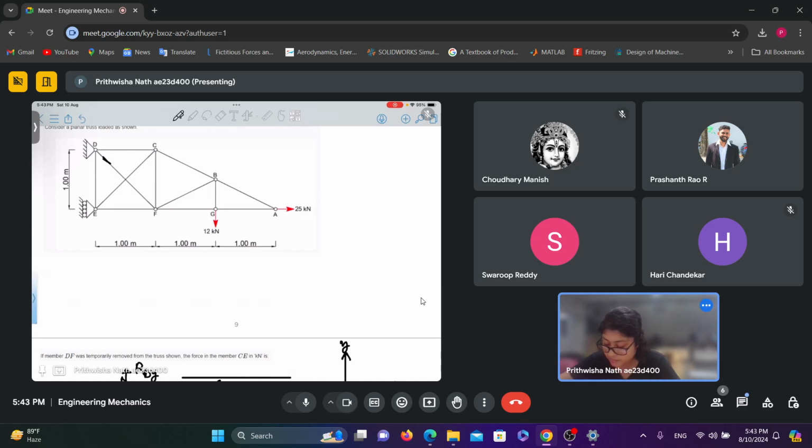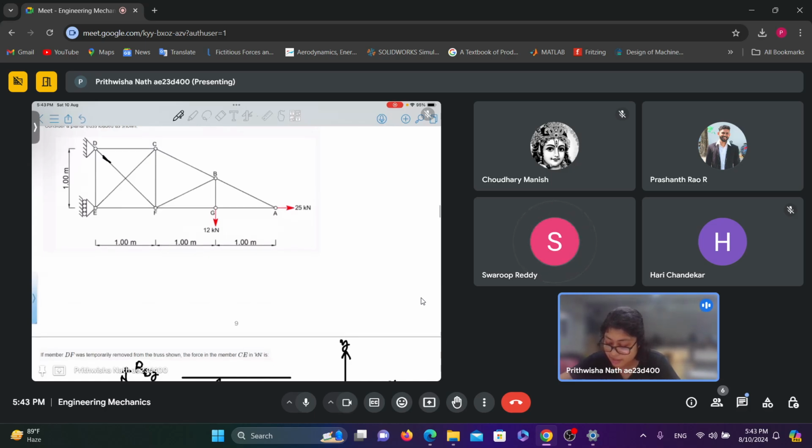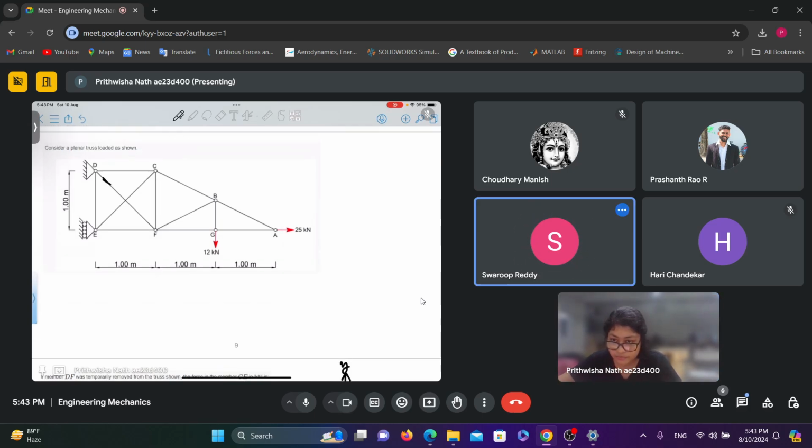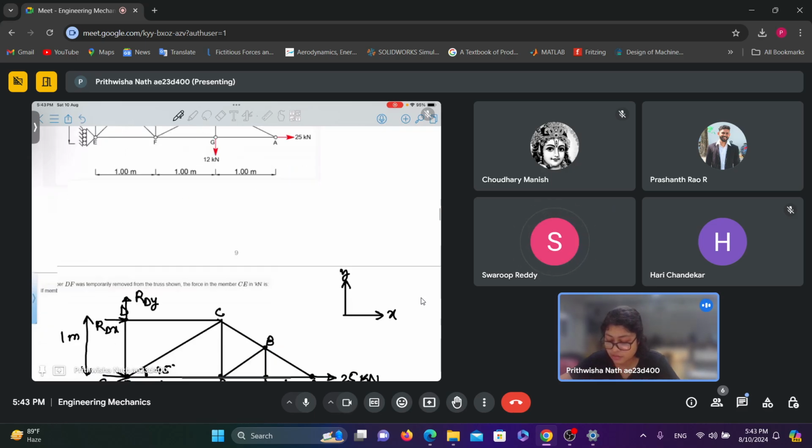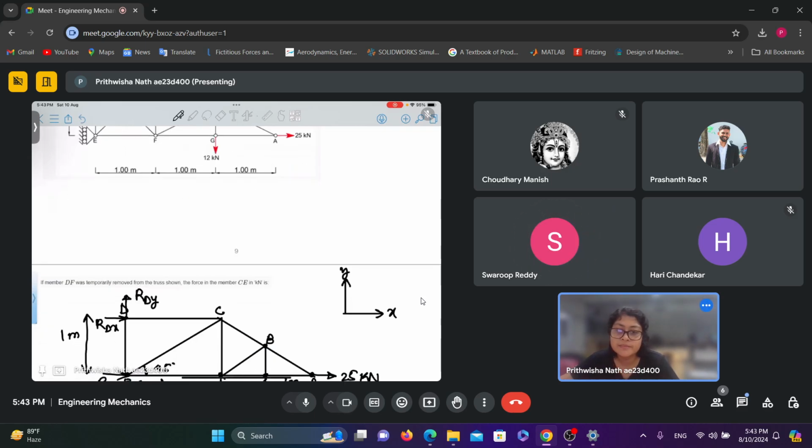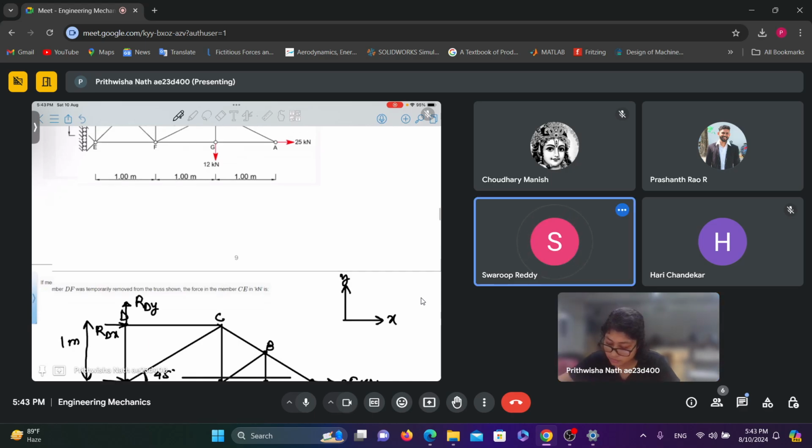D is fixed by a pin joint. E is supported by a roller joint. The total summation of forces should be 0 for the truss to be in equilibrium. Okay, ma'am.